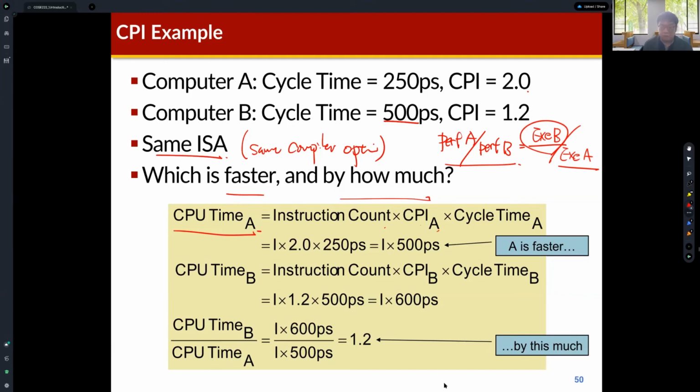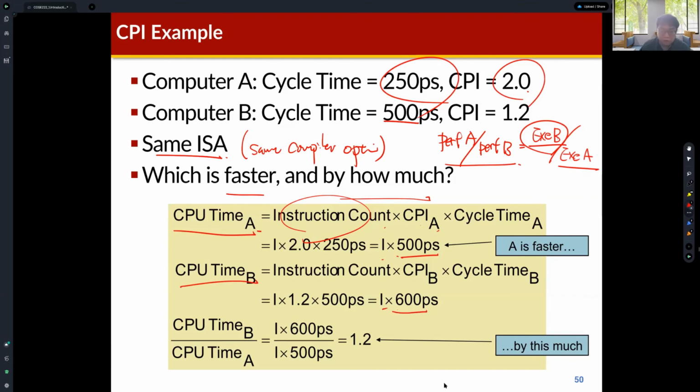The instruction count is the same because in this example, we assume that computer A and computer B use the same ISA, instructions and architecture, the same compiler option, and the same application, right? So the CPI is 2 and the cycle time is 250, so it's I multiplied by 500. How about the CPU time B? I multiplied by 600.